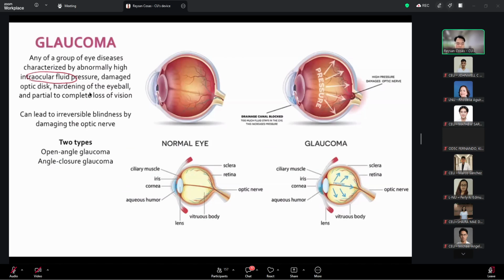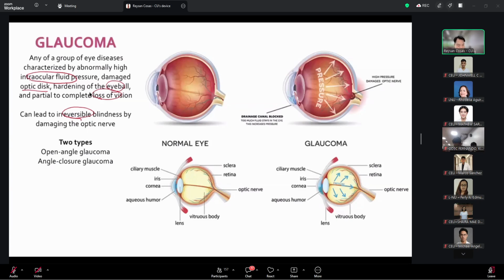Sustained increase in the intraocular pressure can damage the optic disc, can harden the eyeball, and can lead to complete or partial loss of vision, or what we call blindness. That's why untreated glaucoma can lead to irreversible blindness due to the damage in the optic nerve.